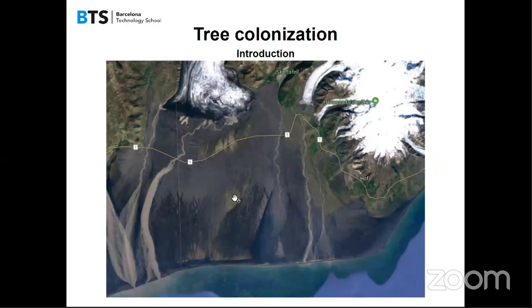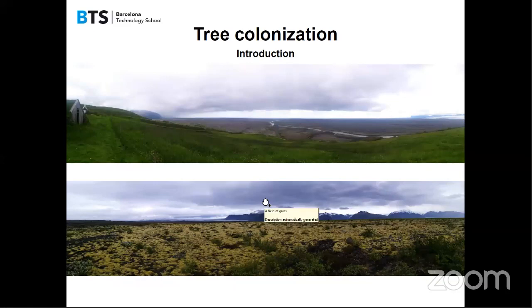So you have a huge foreland where people thought that nothing was growing, until we had this system, or this occurrence. This was the glacial foreland seen from a nearby mountain, and this is what you could see: a lot of moss, and a lot of small shrubs and birches growing.